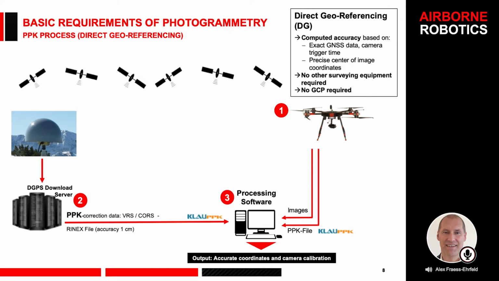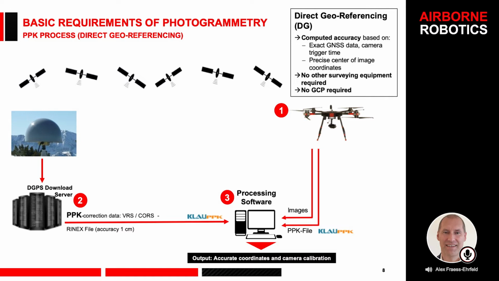And then secondly, you need correction data from a VRS or base station. Typically, this is provided in RINEX file format with an accuracy of 1 centimeter. I will come back to that in one of the next slides. And then you have the cloud processing software. So basically, the software gives you the chance to upload this data, images, PPK file, and also the PPK correction data.